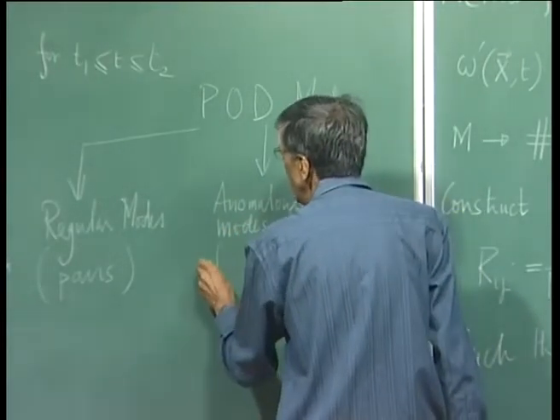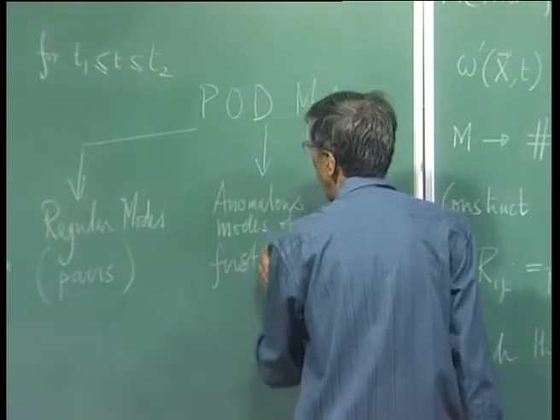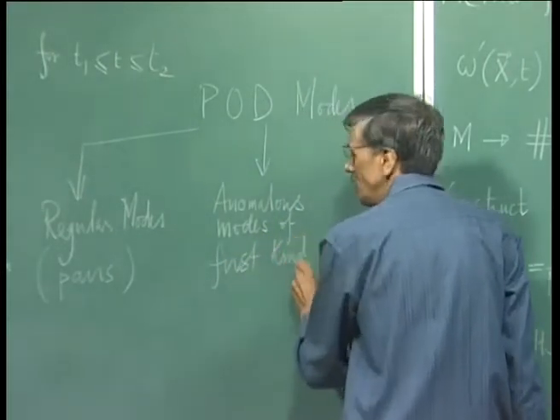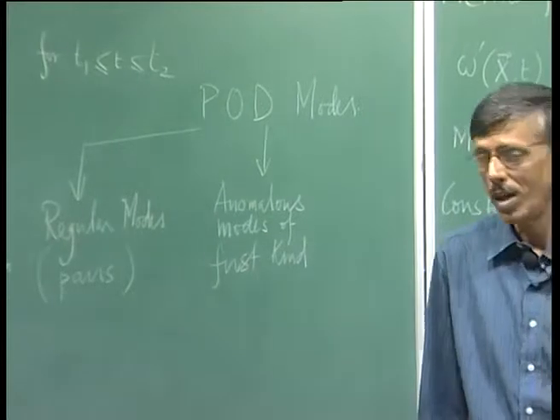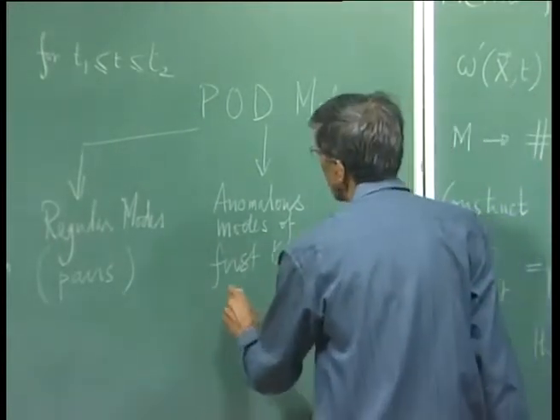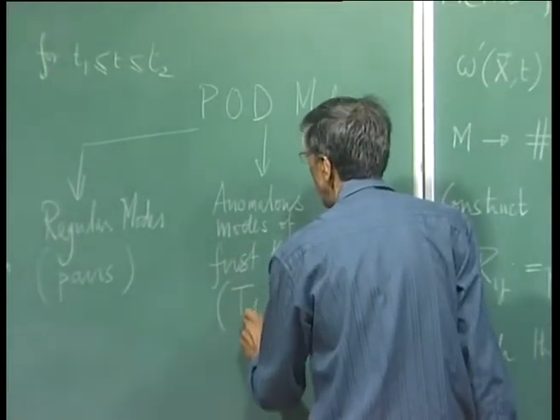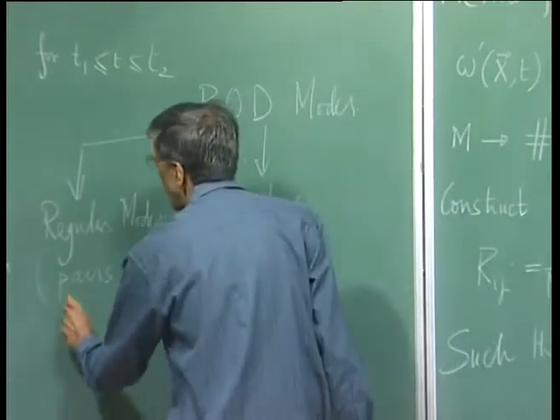And here in anomalous modes also we subdivide into two groups. Anomalous modes of the first kind, which we will call as T1 mode. This we call as the R mode.